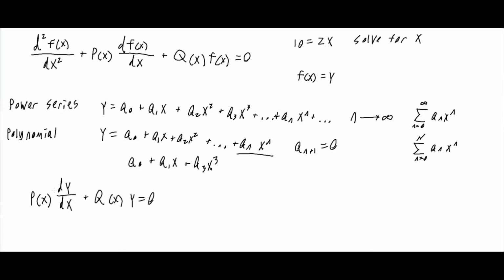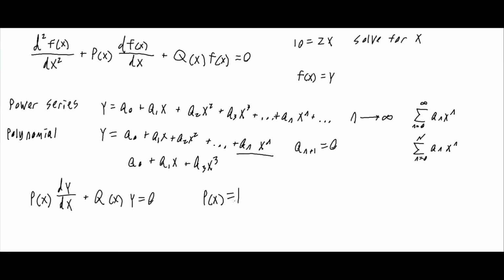And so this is our first order ordinary differential equation. And so what I'm going to do is I'm going to set p of x equal to 1. So these right here, the p of x and the q of x, they can be functions of x. I mean, this is technically a function of x.